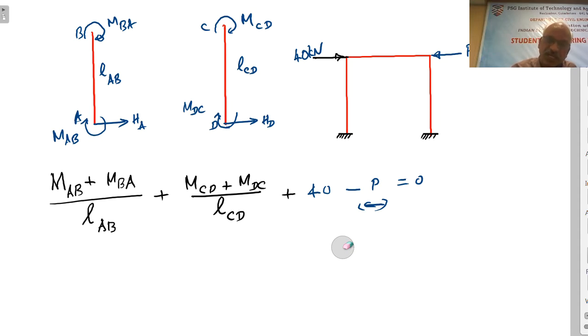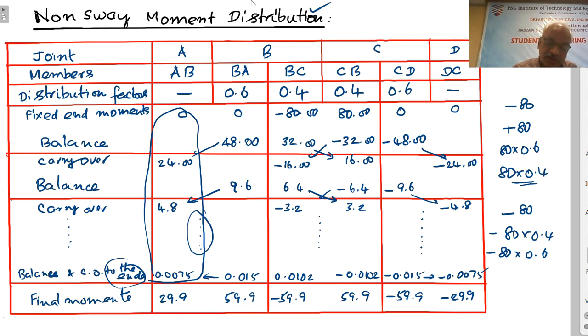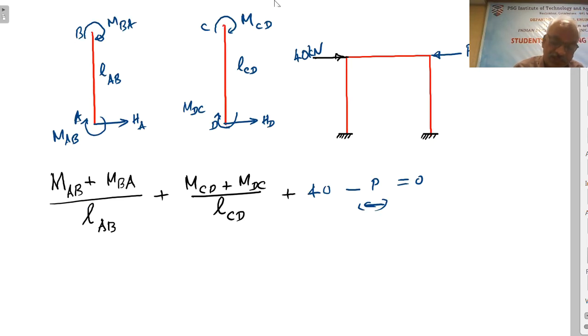Now we would write the shear equation as it is, as per our assumption, but we have to substitute the values from the table. In the table, this is plus 29.9, this is plus 29.9. In the column AB, this is minus 59.9, minus 29.9 for the column CD. So 29.9 plus 59.9 by LAB equal to 4 meters, the height of column AB is 4 meters.